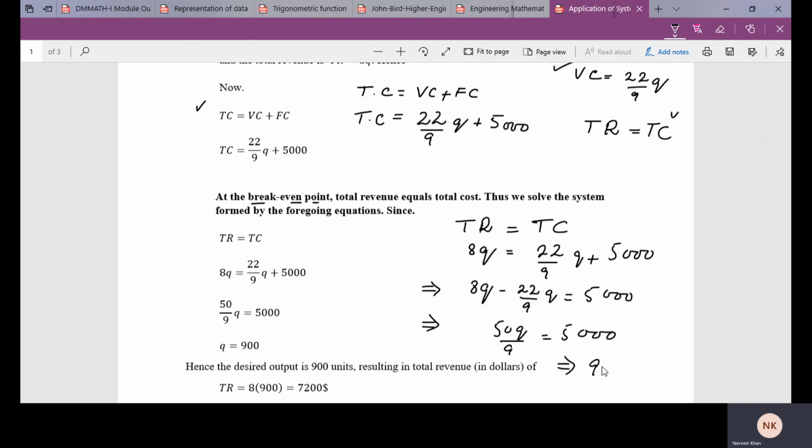After simplification, Q is equal to 900. So the total output, total units, we have is 900.